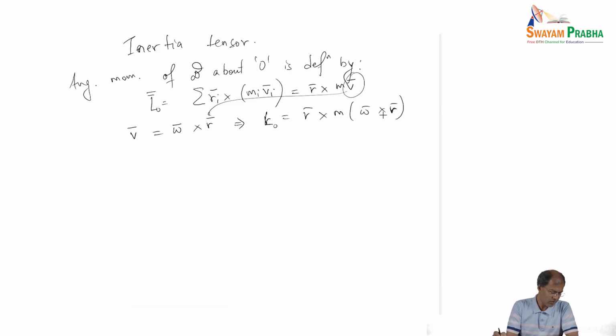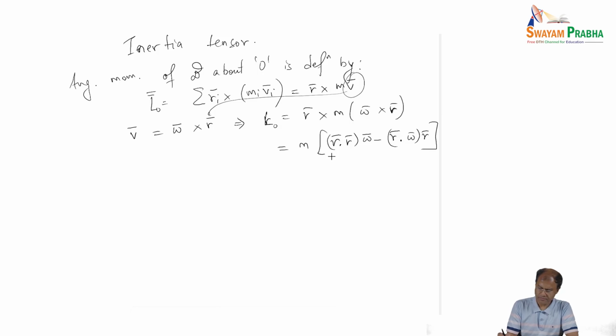Omega cross R, and then this is also going to be M times, so we take the cross product here. So R dot R omega minus R dot omega R, right?